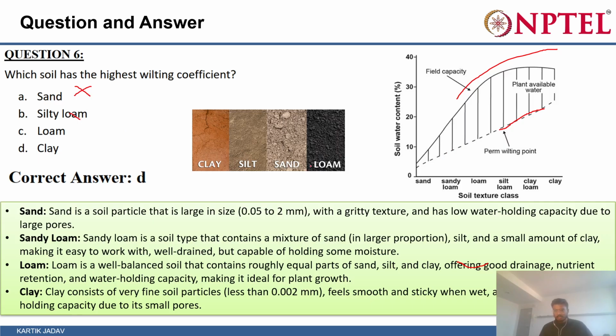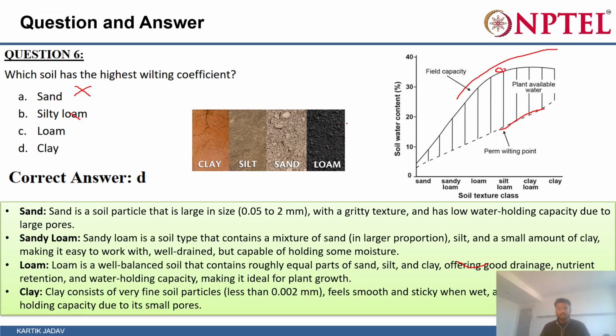Then we have silty loam. Silty loam has around the highest field capacity as well as a low permanent wilting point. This total difference is ultimately plant available water, so it is higher in the case of silty loam.